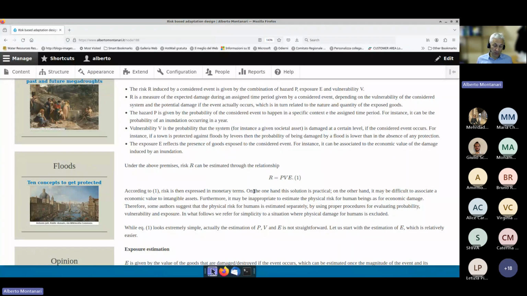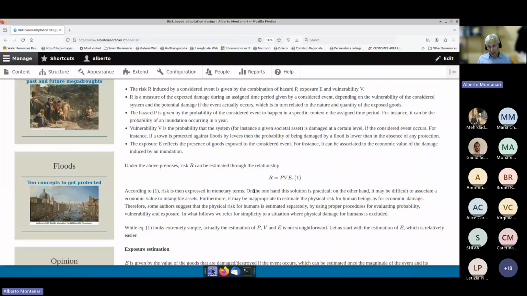And if you are interested, for instance, in a flood, the probability is given by the probability of exceedance of a given river flow. So let's suppose that the flood starts at river flow equal to 1000.